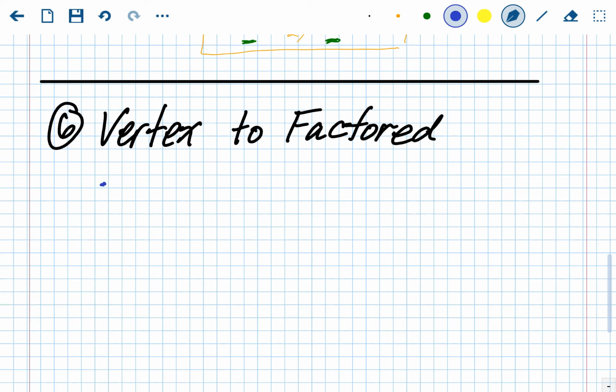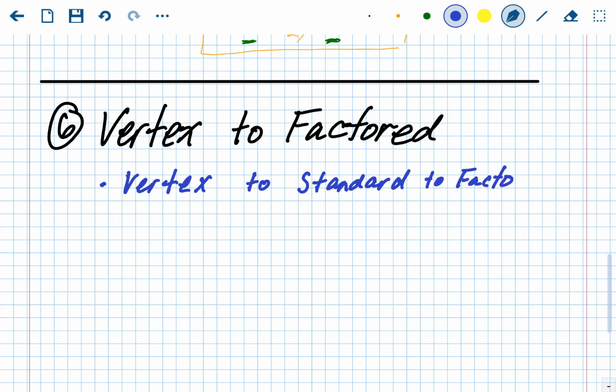You have to go from vertex to standard to factored. Okay. So you're actually moving into all three forms on this one. Now we already did vertex to standard, and we already did standard to factored. So this isn't anything new, it's just you're doing multiple of these.